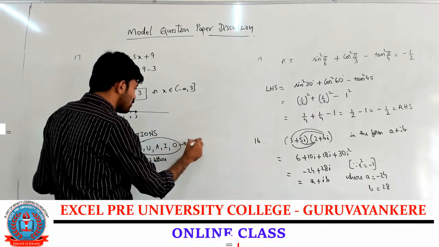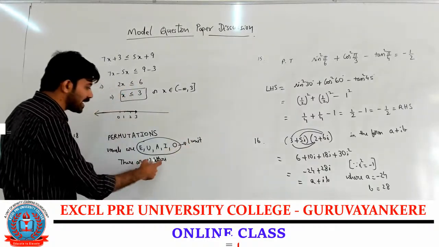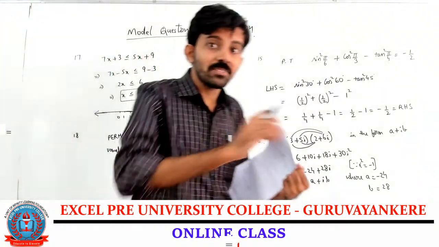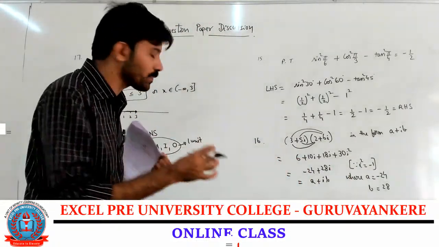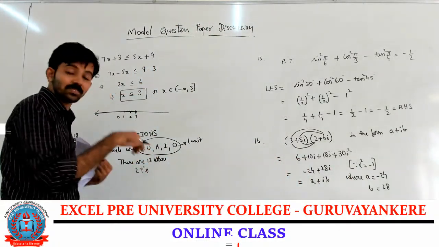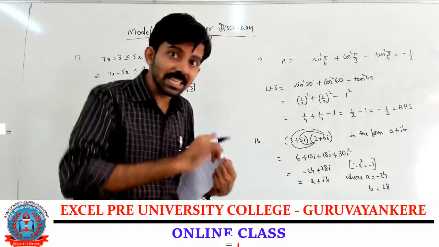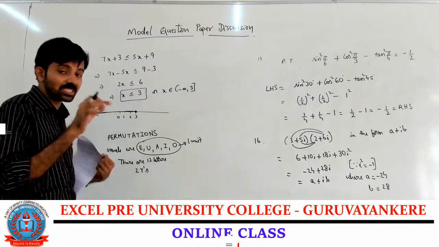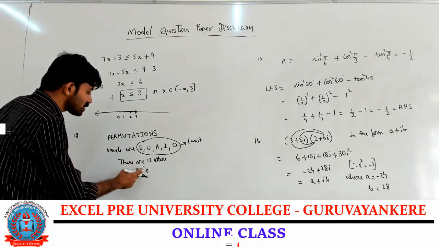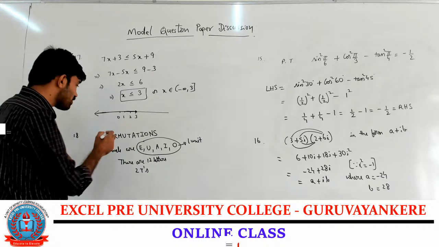So consider these 5 vowels as 1 unit. Out of the 12 letters, remove the 5 vowels: 12 minus 5 is 7. There will be 7 letters. Which are those 7 letters?